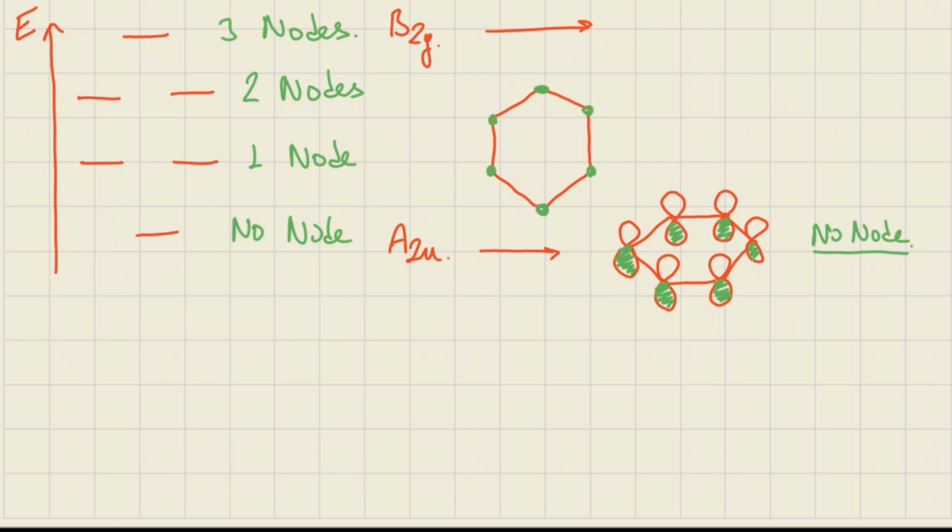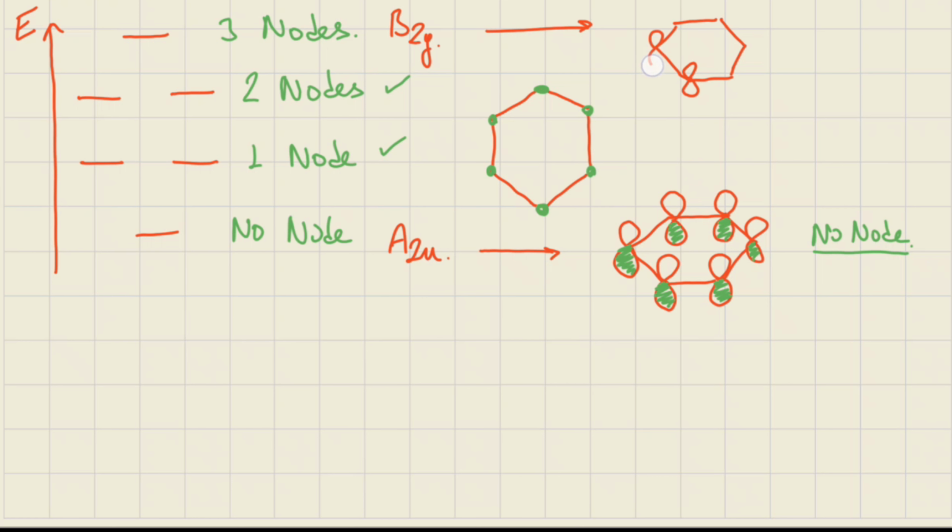However, if you want to make one node and two nodes, it is harder, and there is no easy way if you don't memorize it. And I know the answer, but right now I will make the question as if I am not knowing the correct answer. And we can look at the highest unoccupied molecular orbital.